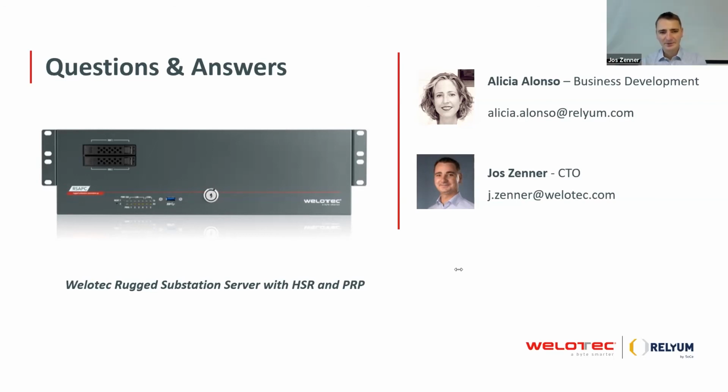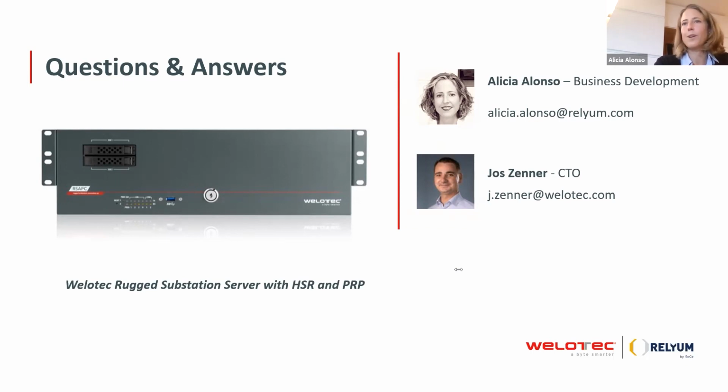Okay. So there's a question, you mentioned in the webinar that there is no configuration needed for HSR. Why is this the case? Well, in general, there's no configuration needed for both of them. In terms of red box, with PRP, you will need to configure the switches that are inside the networks, the LAN A and LAN B, because it's a layer 2 protocol.